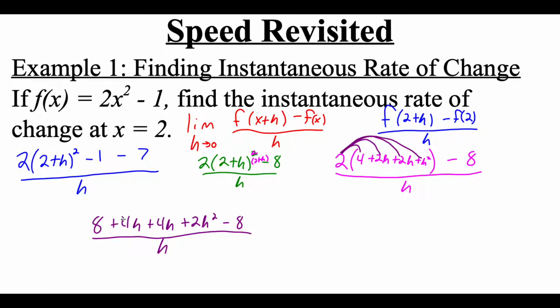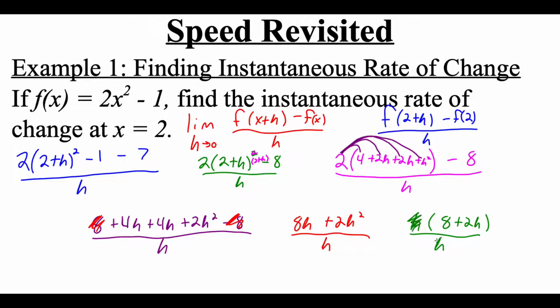Looking at combining some of those like terms on the top, 8 and negative 8 cancel each other out. 4h and 4h makes 8h plus 2h squared in the numerator, and in the denominator we still have h. We can factor out an h on the top, so that's going to be h times (8 plus 2h) all over h.